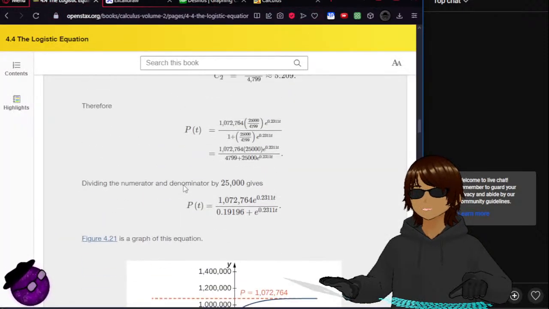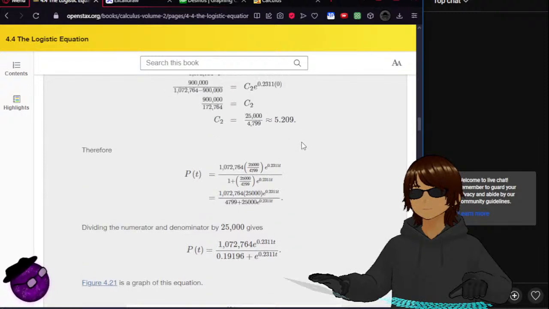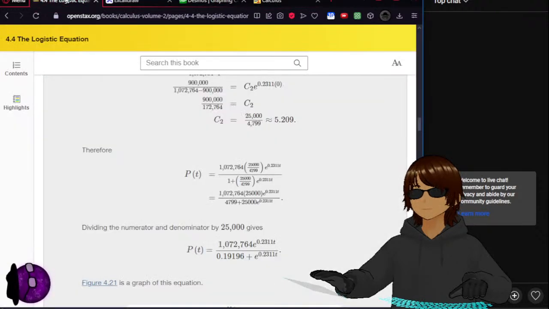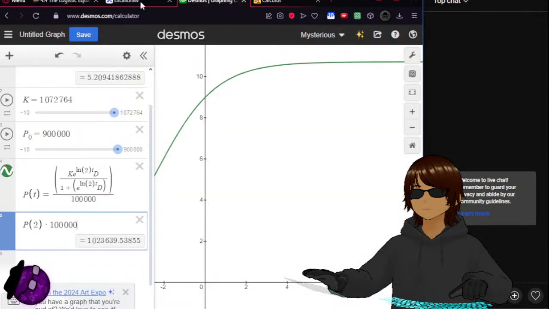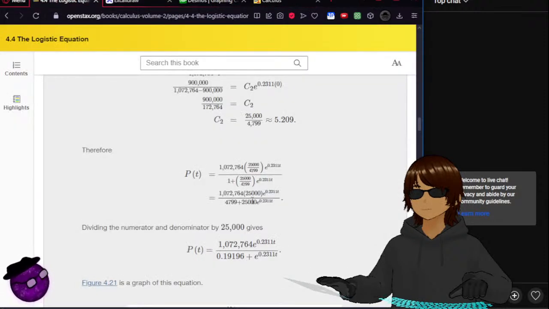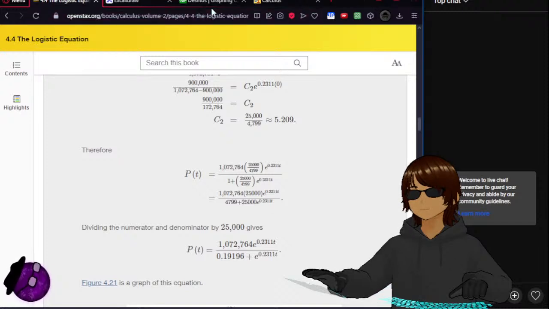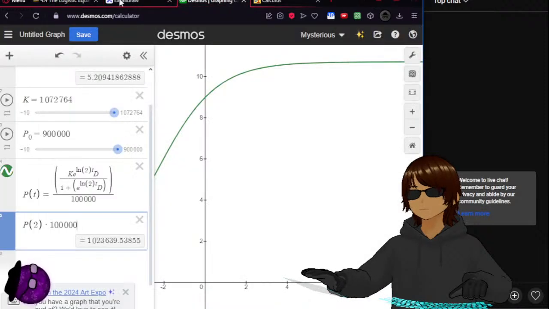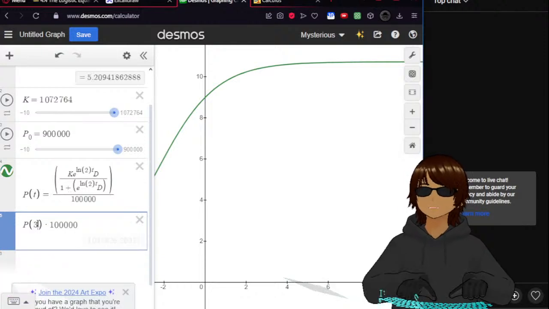Ln of 2 over 3. Oh, we need it in 3 years.